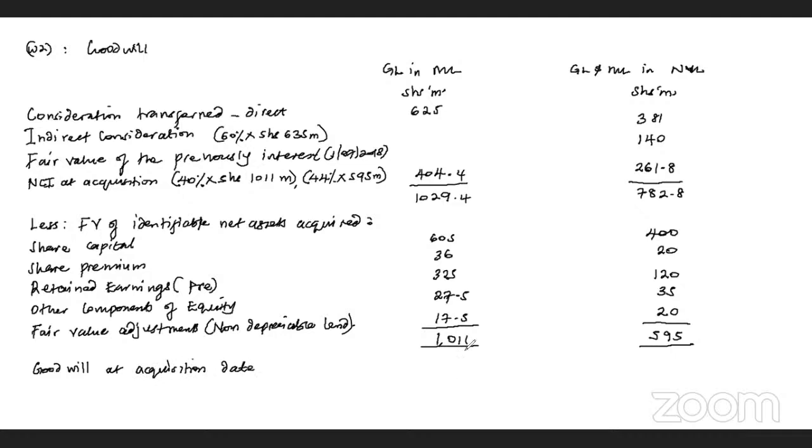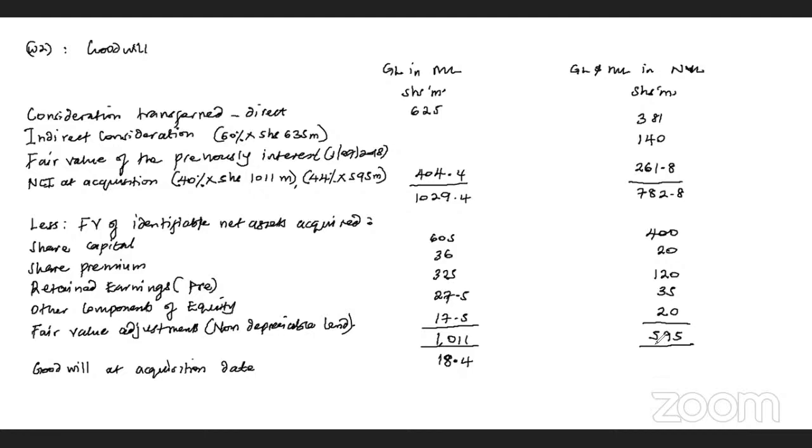So our goodwill at acquisition date, here you get 1,029.4 minus 1,011. Then you get a goodwill of 18.4. Goodwill of 18.4 at acquisition date in ML.